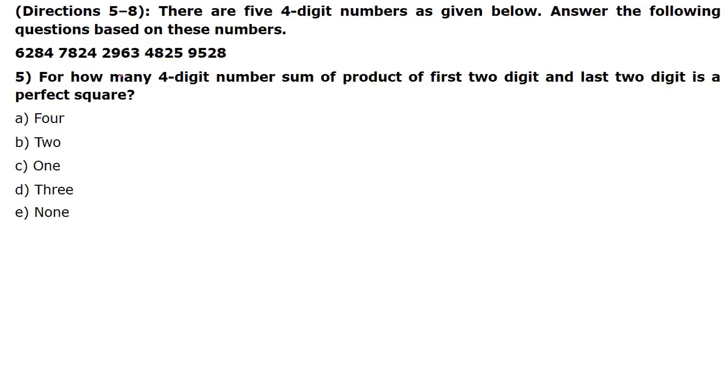So here is the first question. For how many 4-digit numbers is the sum of the product of the first 2 digits and the product of the last 2 digits a perfect square? See here friends, what it is saying.